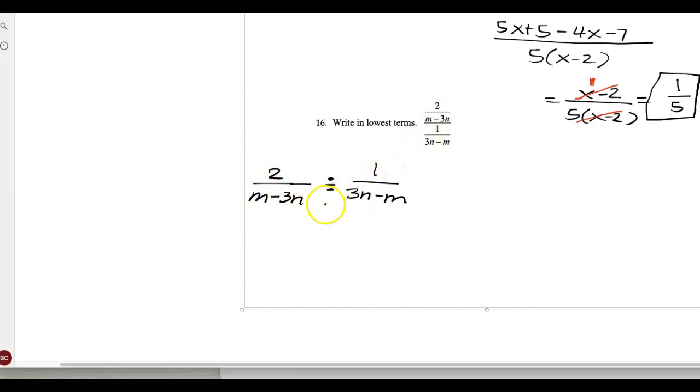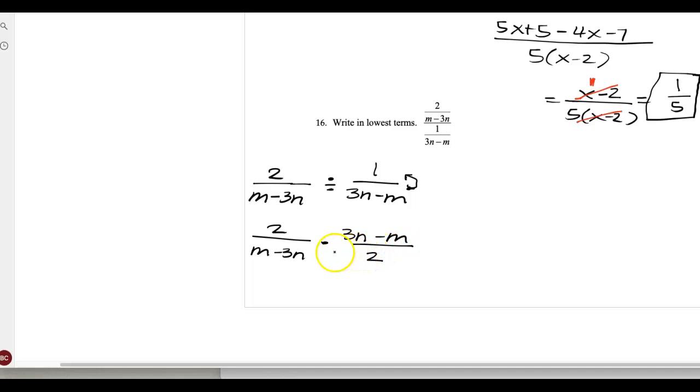But if we do it this way, I just want to show you that when I'm dividing, remember I'm flipping that second one. So I've got 2 over m minus 3n, times 3n minus m over 1. Why did I say 2? There's just a 1 there.